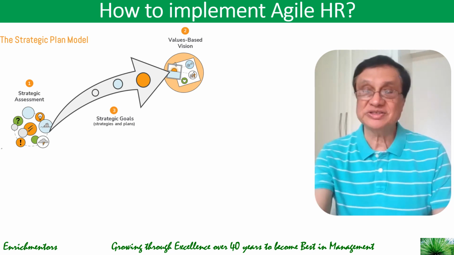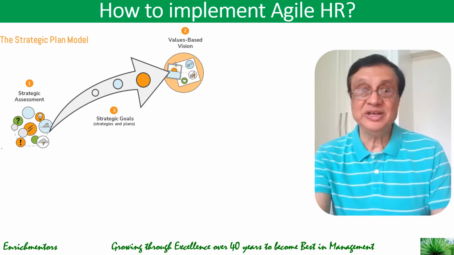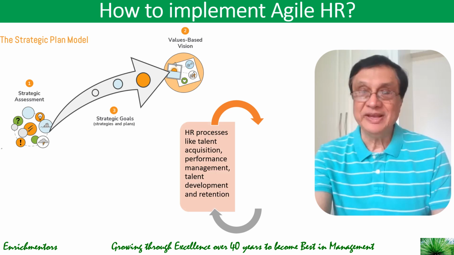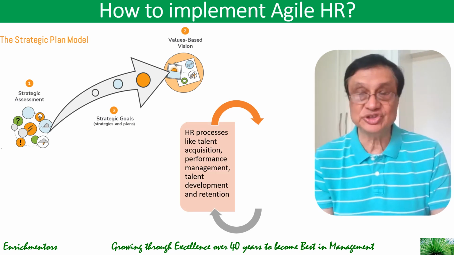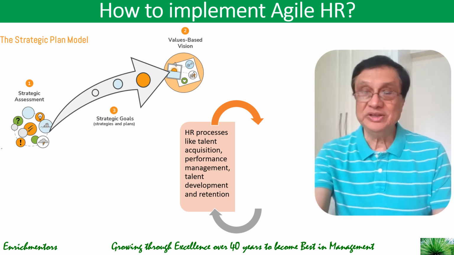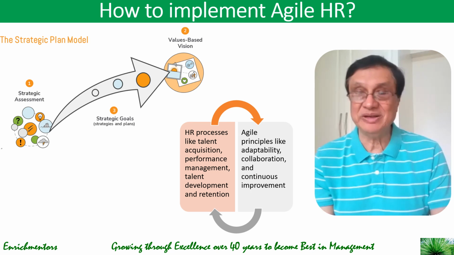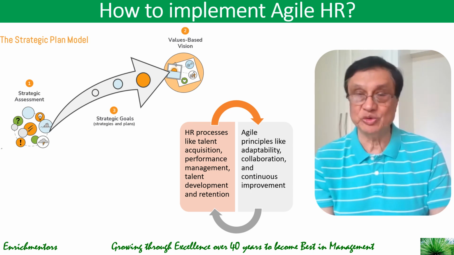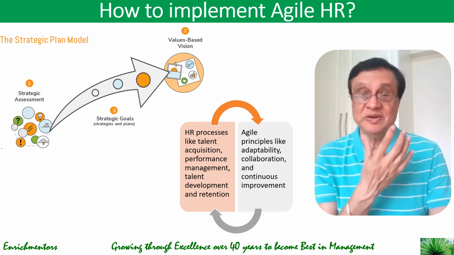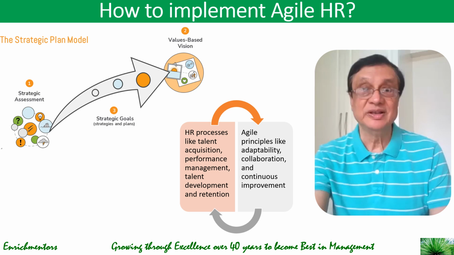Now, in this whole process of implementing and this strategic plan model, you need to align HR processes like talent acquisition, performance management, talent development, and retention, and anything else that is critical for your organization with the agile principles like adaptability, collaboration, and continuous improvement. Now, how can you do that? Let's take a look at the steps that you need to take as an overview in the next slide. And then in the remaining part of this section, we will talk about each of these steps.